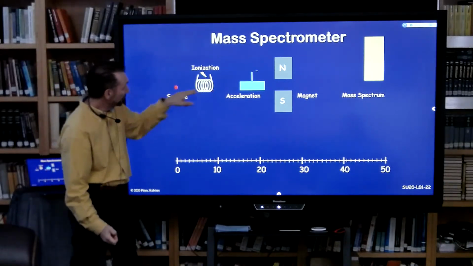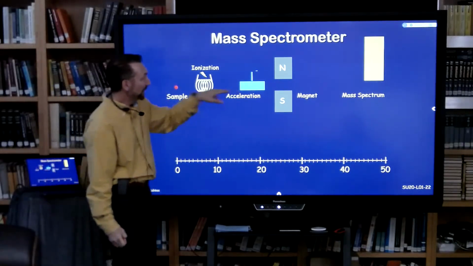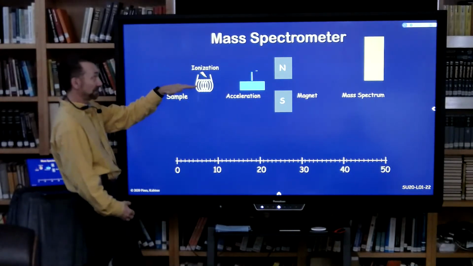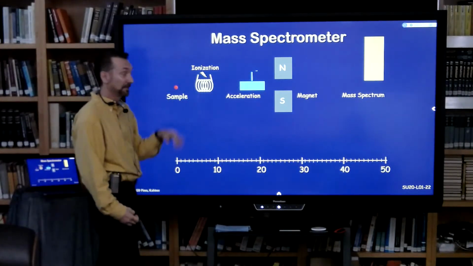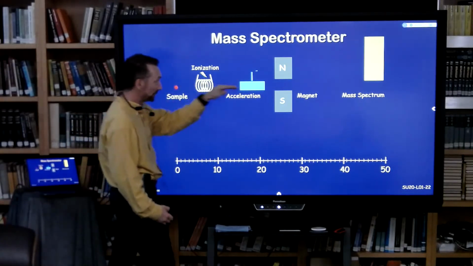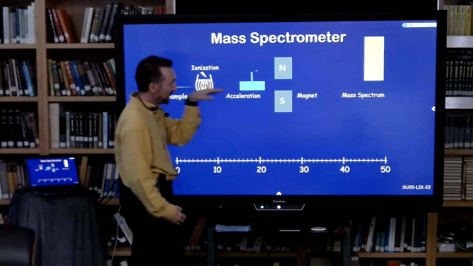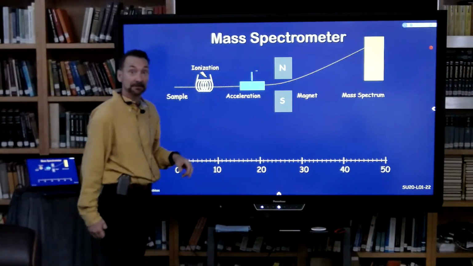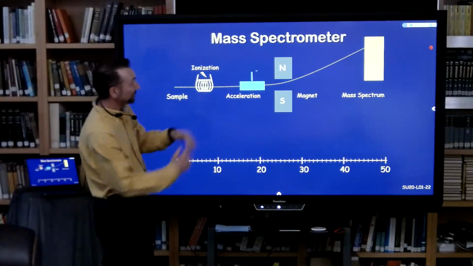So they go through this, then you accelerate them towards a negative charge. So positive charges are attracted to negative charges. So they get positively charged here, they're attracted and start zooming towards the negative charge. They go zoom through there and then through a magnetic field, and it's an asymmetric magnetic field.